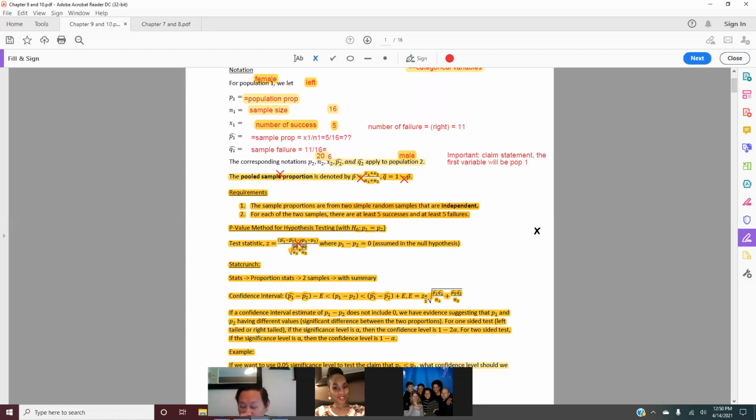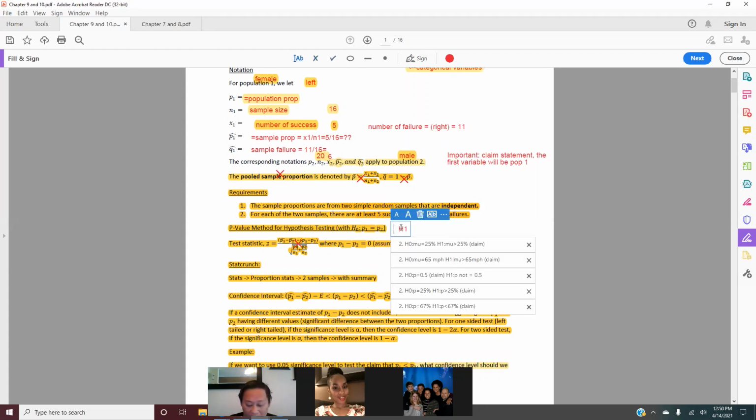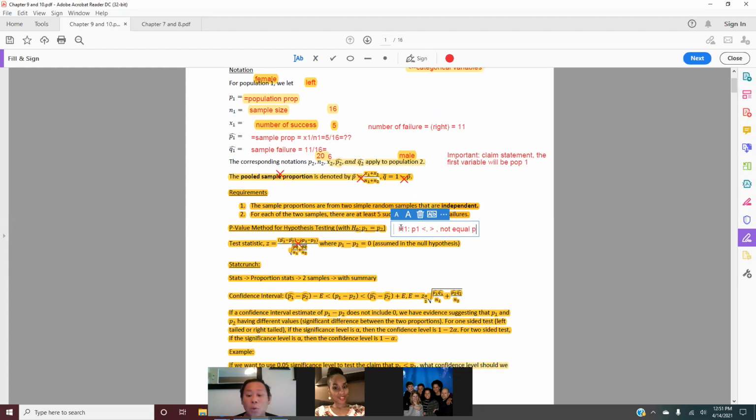And what you usually test is P1 equals P2 for H0. So your null hypothesis is fixed: your first population proportion equals the second population proportion. But for your H1, your alternative is either P1 is less than, greater than, or not equal to P2.